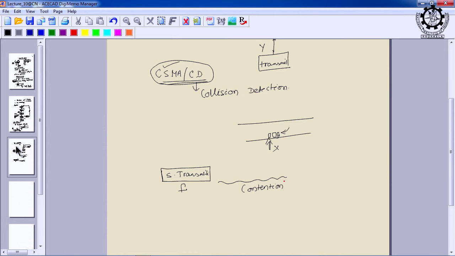Maybe it is a slotted time, maybe it is carrier sensing, maybe anything. Soon after the transmission is over, multiple nodes again try to contend to get the channel. So, this period we say is a contention period, and during this period somehow one wins and gets a chance for another successful transmission of the frame.